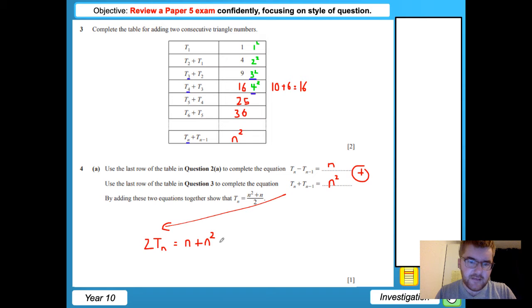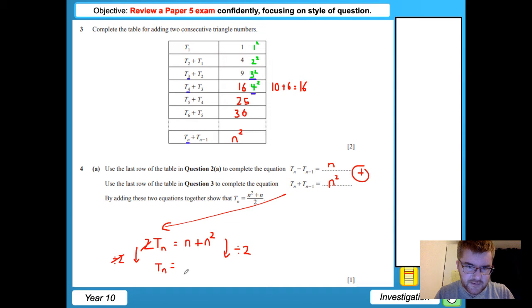And now we need to make what we've just written here look like what's here. So what's the opposite of timesing by 2? Well, we're going to divide by 2 on both sides using those equation skills you've been building up ever since probably year 7. This cancels with this. This may not be the only way you've been shown how to do this.